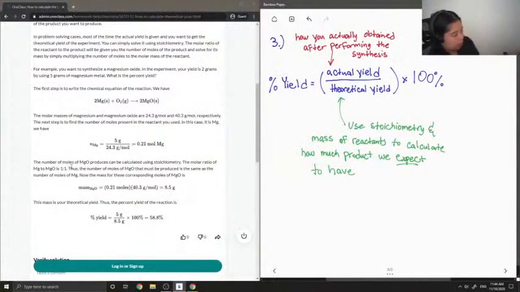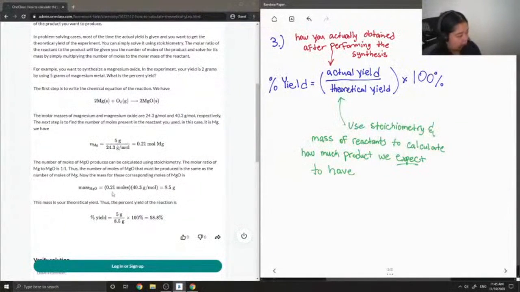The number of moles of magnesium oxide produced can be calculated using stoichiometry. The molar ratio of magnesium to magnesium oxide is 1:1. Thus, the number of moles of magnesium oxide that must be produced is the same as the number of moles of magnesium.